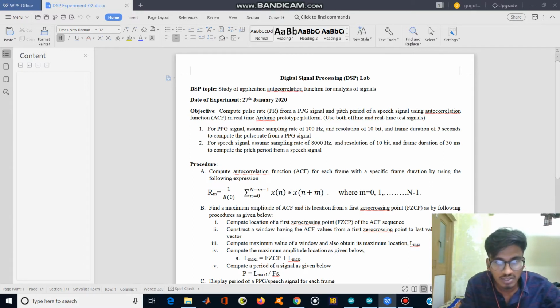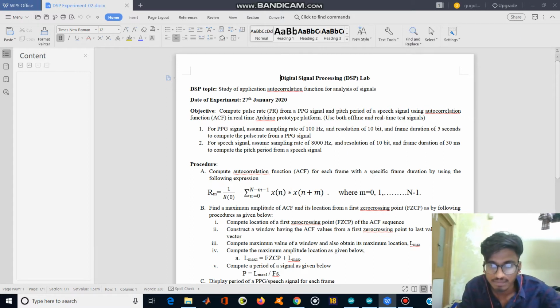So here is the procedure to compute the autocorrelation function for each frame. This is the expression for autocorrelation: R(m) equals 1 by R(0) summation of n equals 0 to N minus m minus 1 of x(n) into x(n plus m).